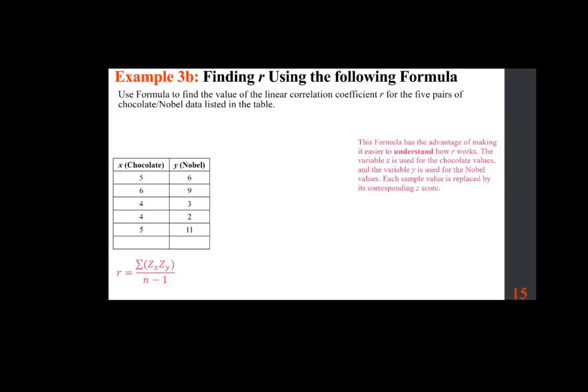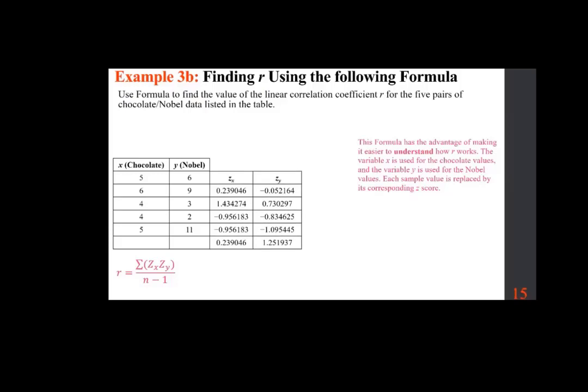The variable x is used for the chocolate values, and the variable y is used for the noble values. Each sample value is replaced by its corresponding z-score, z sub x and z sub y. I will show you how to calculate just one of them, and then you'll see how the rest goes.